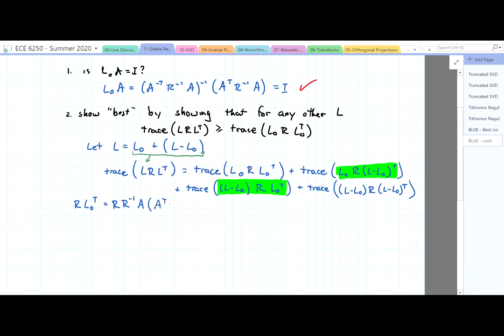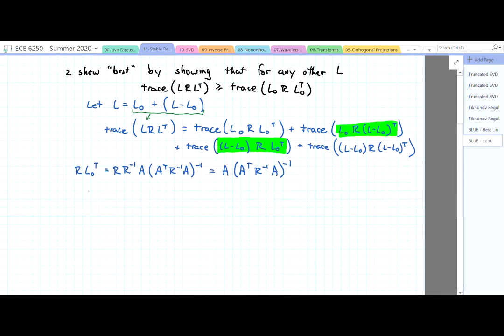We're going to get A transpose R inverse A inverse. And that simplifies down just a bit to A transpose R inverse A quantity inverse.